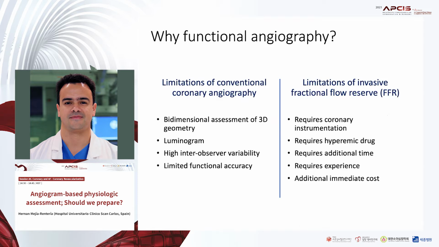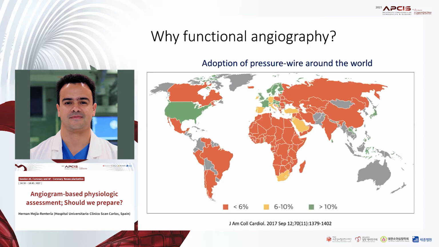Conventional angiography has well-demonstrated limitations of functional accuracy, and on the other hand, invasive FFR requires coronary instrumentation, requires hyperemic drugs that frequently cause patient discomfort, requires additional time, and has an additional immediate cost. That is why it should not be surprising that the adoption of FFR in real practice around the world is still very low, despite the highest level of recommendation in the current clinical practice guidelines.